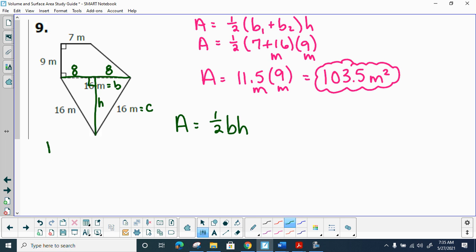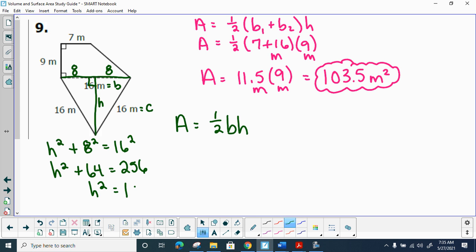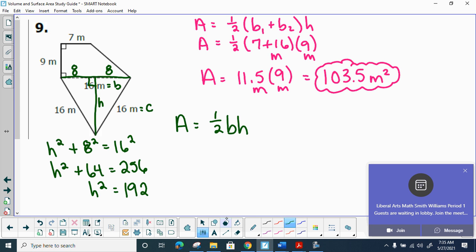All right, so we can say the height squared plus 8 squared equals 16 squared. 8 squared is 64. 16 squared is 256. And I'll subtract the 64. And then to unsquare, we will square root.